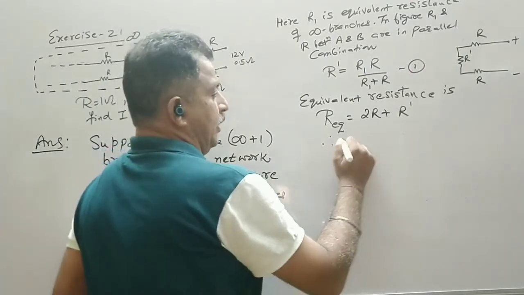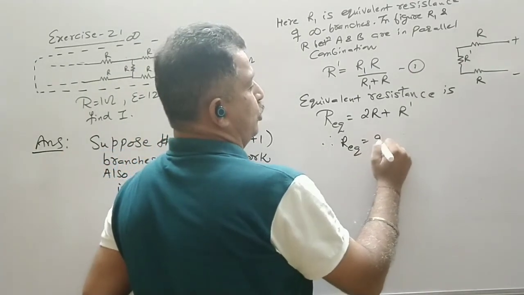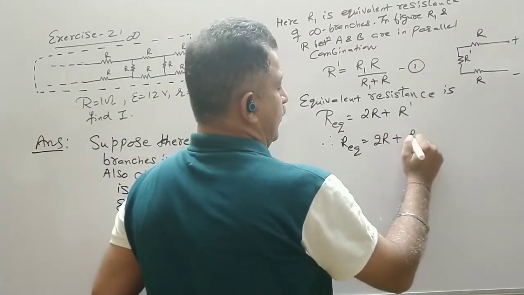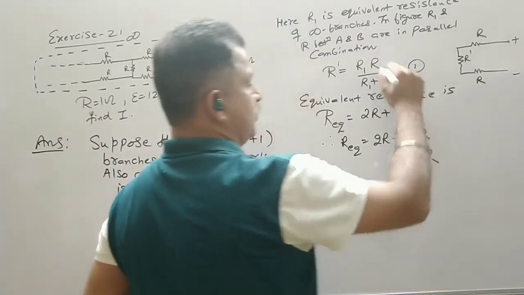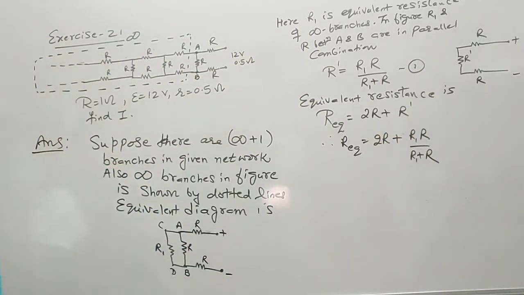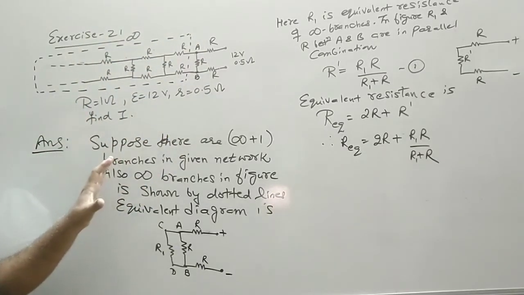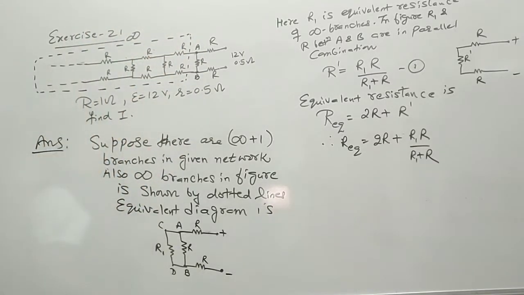Therefore, R equivalent is equal to twice R plus R1R upon R1 plus R. I substitute this R dash here. This is the equivalent resistance of the infinite network.